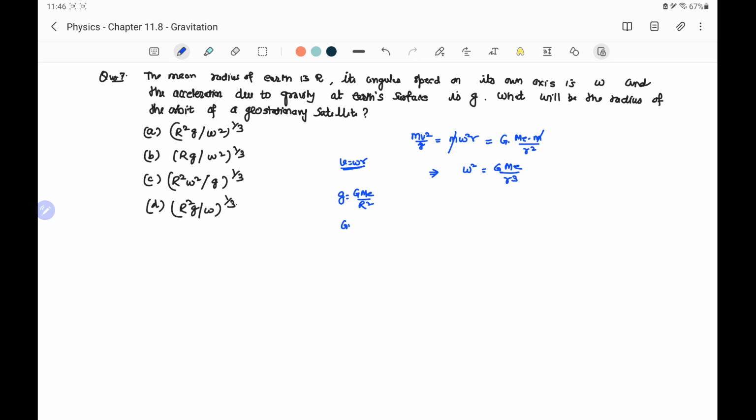Therefore, G M_e will be equal to g R square. Substituting the value, we will have omega square equal to g R square by r cube. We have to find the radius of the orbit. So r cube will be equal to g R square by omega square. So r will be equal to (g R square by omega square) raised to power 1 by 3. Hence, option A is the correct option.